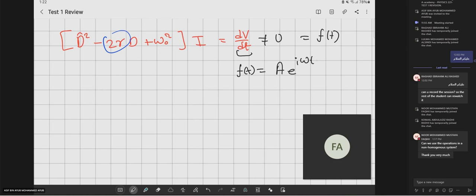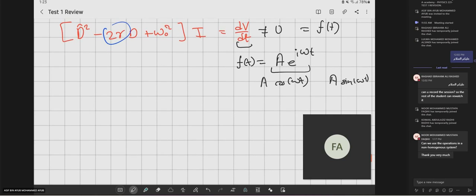This can also be a cosine omega t, purely real, or a sine omega t. So this is what we call a sinusoidal input. The output will be sinusoidal.